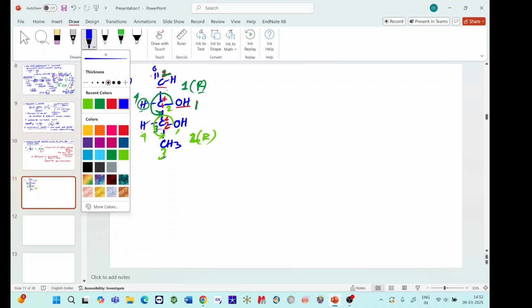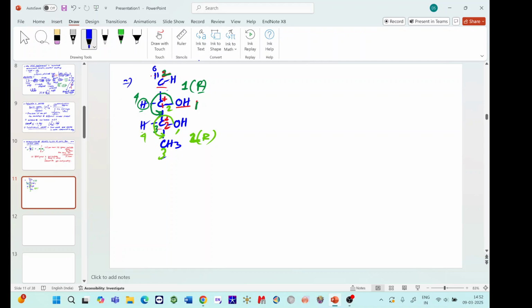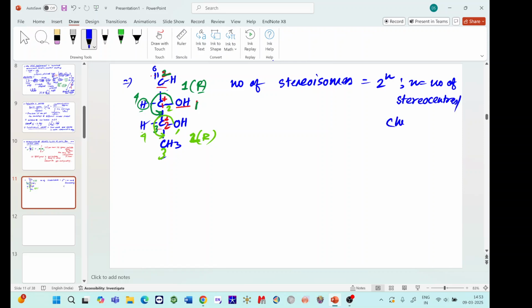So how many numbers of stereoisomers are possible here? That is the total number of stereoisomer, 2 to the power n, where n equal to number of stereo centers or chiral atoms.